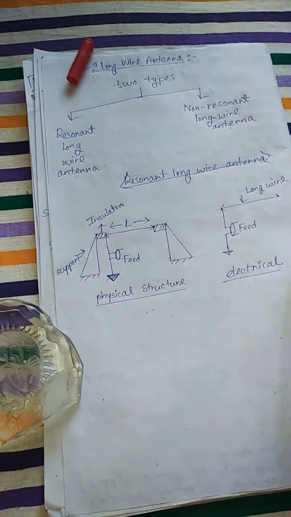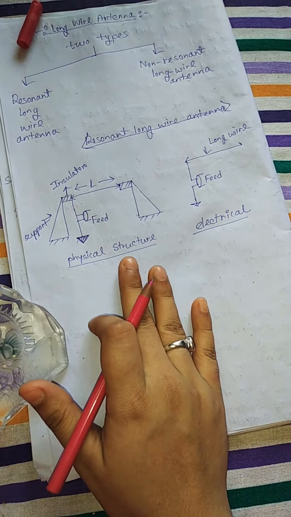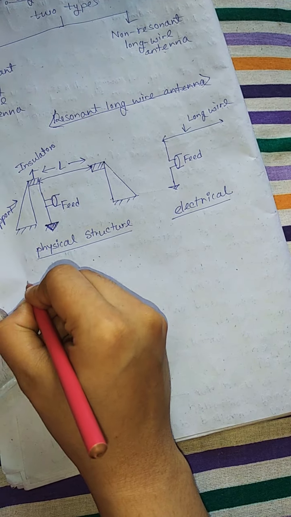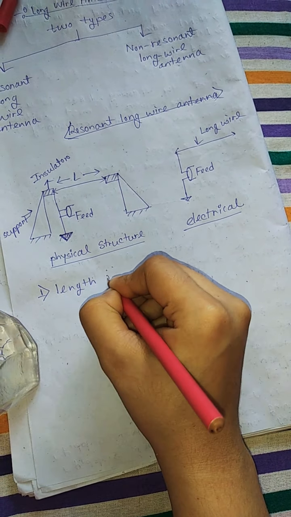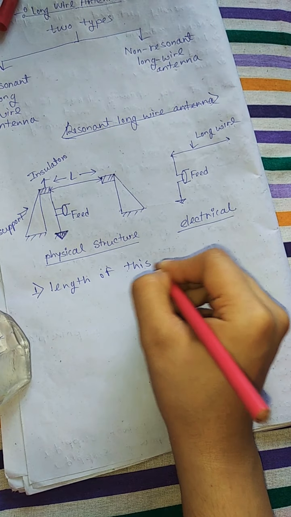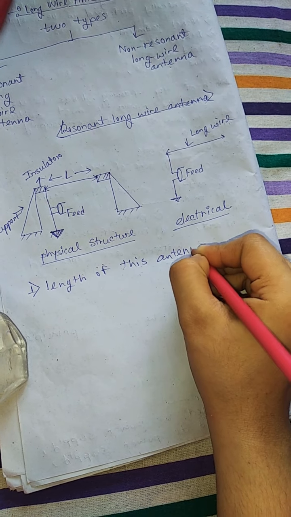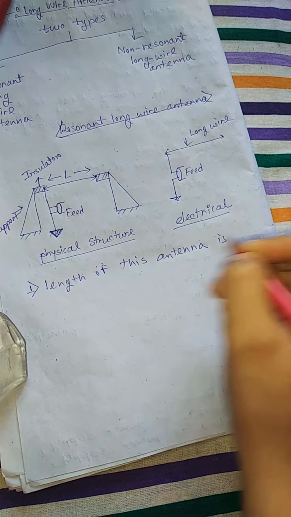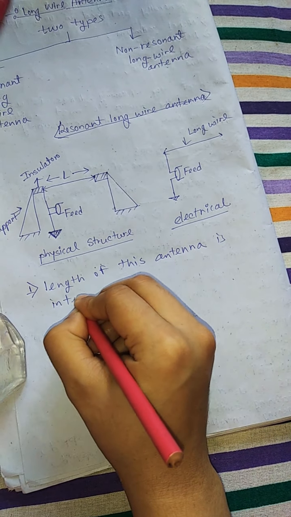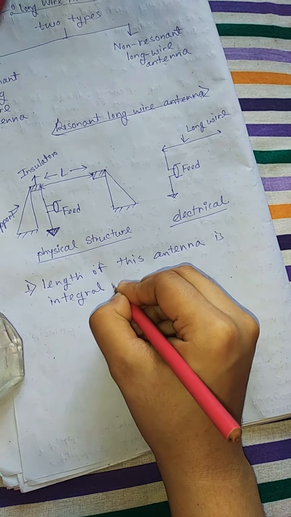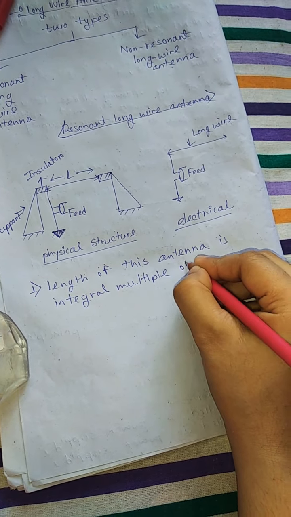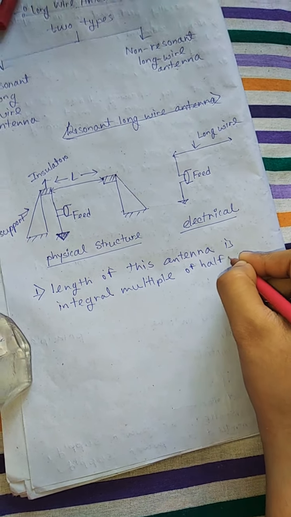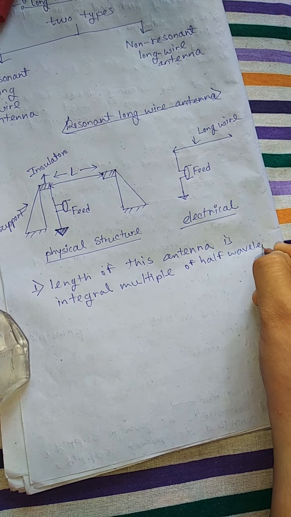In this structure, the first point is that the length of this antenna is an integral multiple of half wavelength.